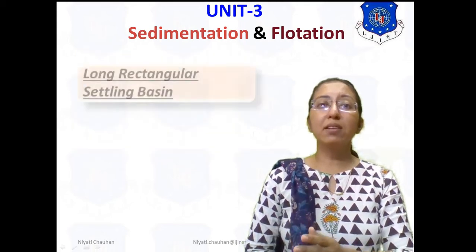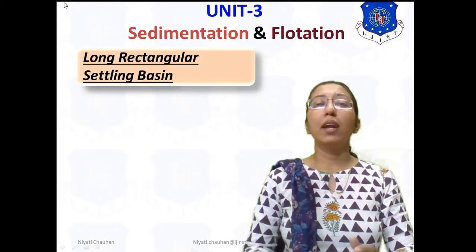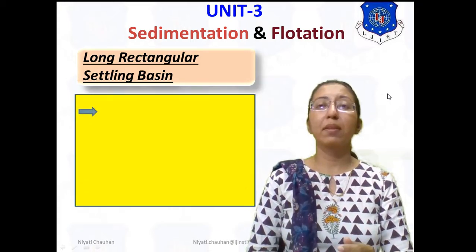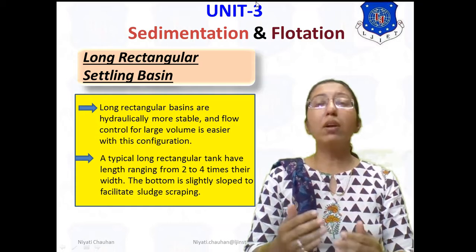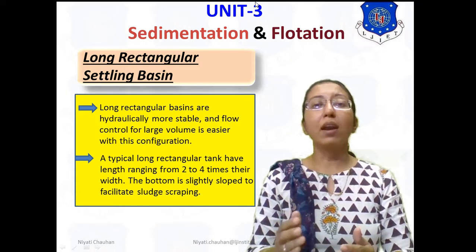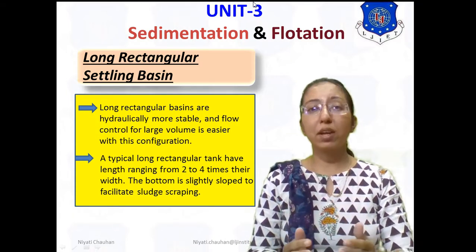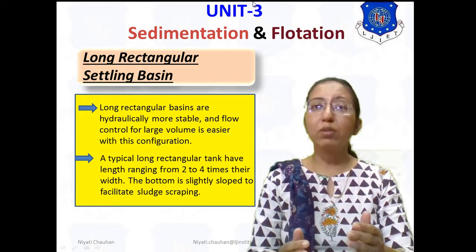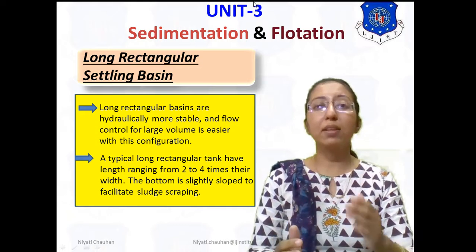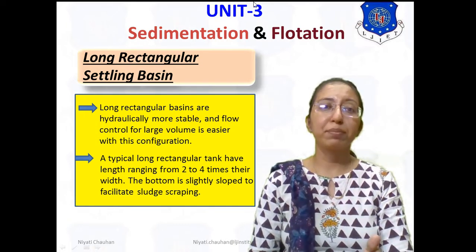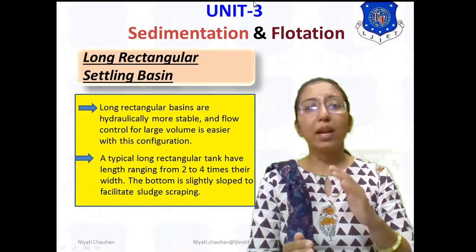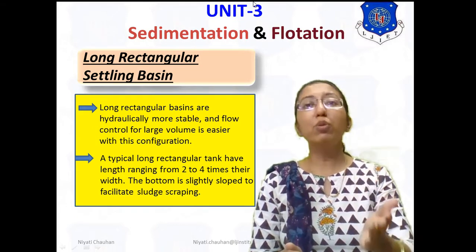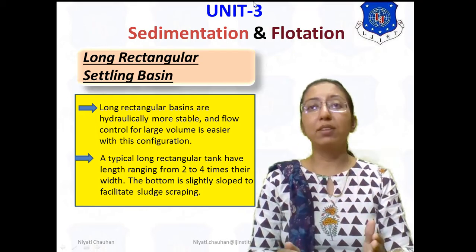Next we are discussing the long rectangular settling basin. Long rectangular basins are hydraulically more stable, and flow control for large volume is easier with this configuration. A typical long rectangular tank has a length ranging from 2 to 4 times its width.